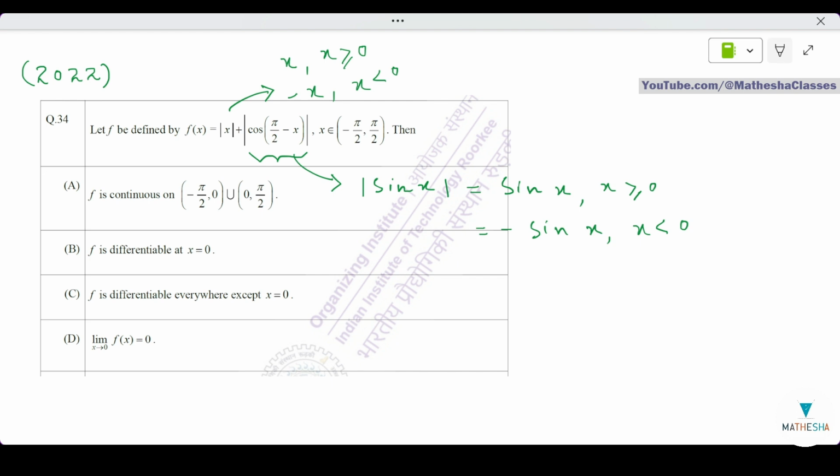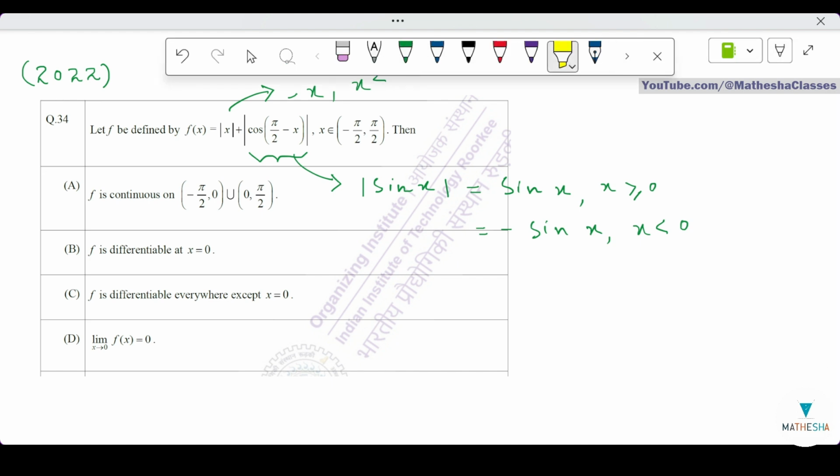If you are having trouble understanding why I am taking sin x while x is bigger than or equal to 0 and minus sin x while x is less than 0, then just recall the curve of sin x. How does sin x look like? Let us draw this.